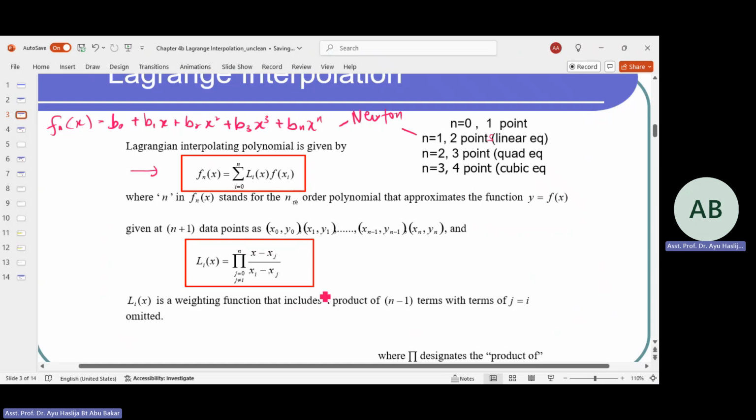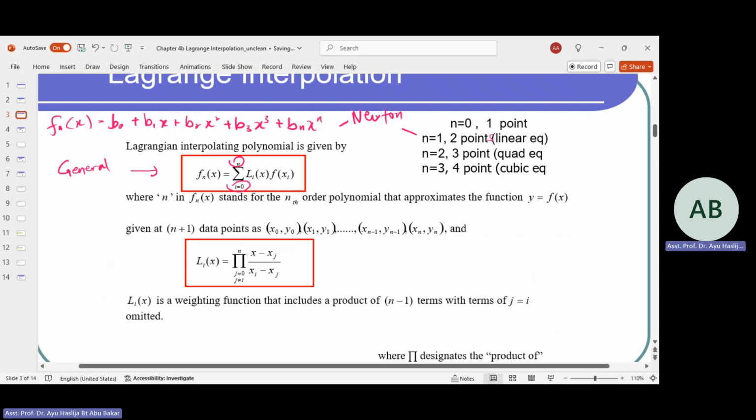This is the general equation where you can see Li(x) multiplied by F(xi). N is the order. I is the starting point. You should start from 0. X is your required value. This is the general form of Lagrange.